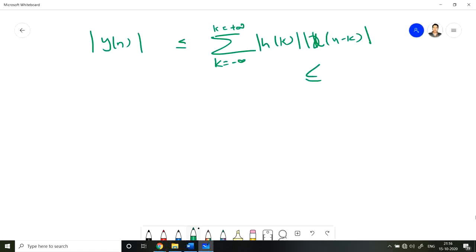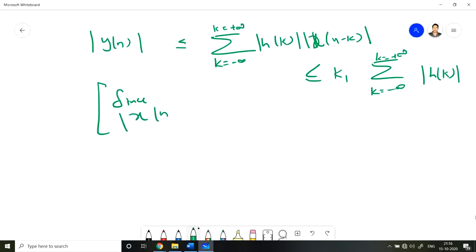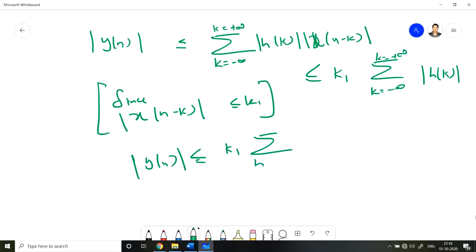Because the input is bounded, it is equal to k1 times the summation k equals minus infinity to plus infinity of modulus of h[k]. Why is this happening? Since the modulus of x[n minus k] is bounded because the input is bounded, the modulus of y[n] is less than or equal to k1 times the summation of modulus of h[k].